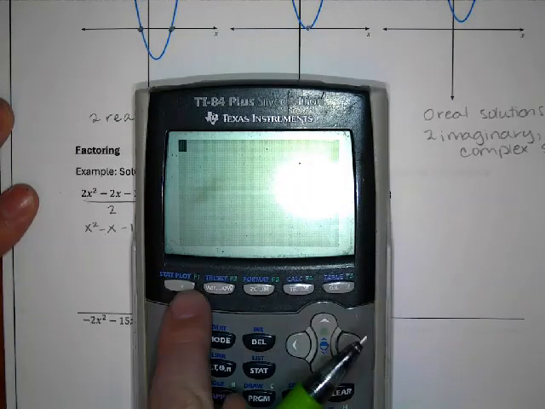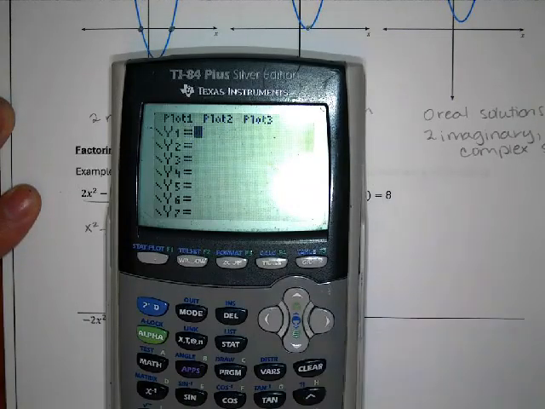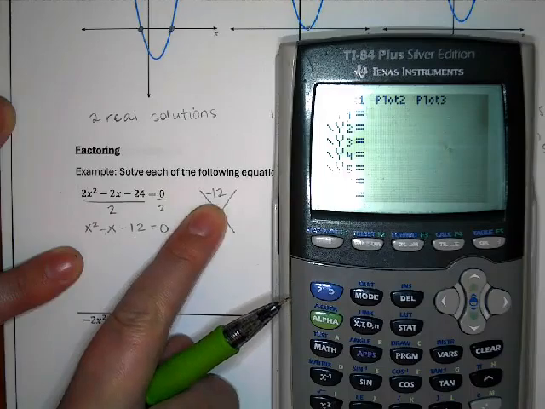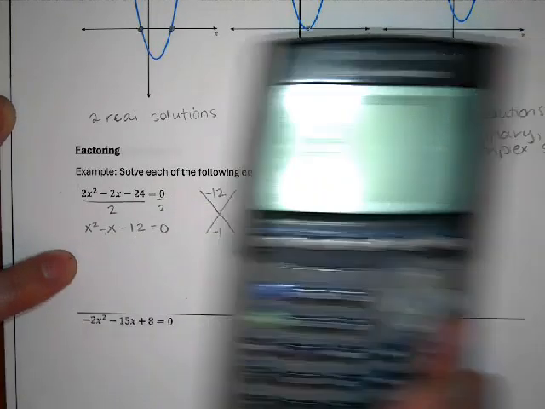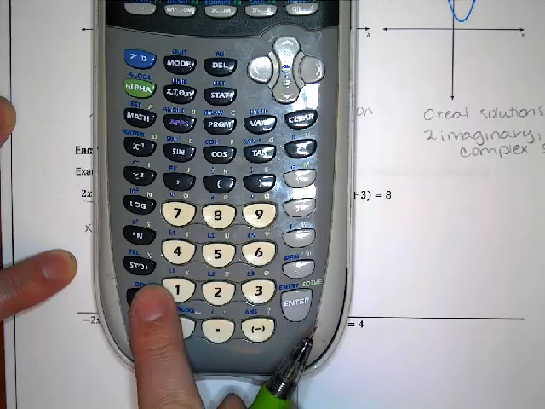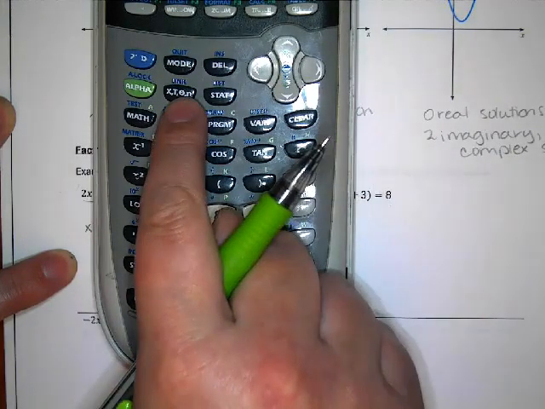If you go to the y equals screen on your calculator, you can type the number that you're trying to multiply to be. I'm trying to look for numbers that multiply to negative 12. So I'm going to type negative 12, and then divided by x, and the x key is right here.